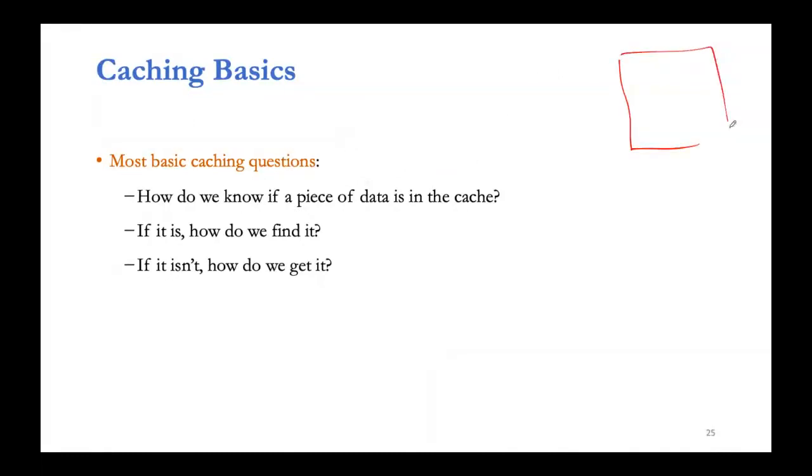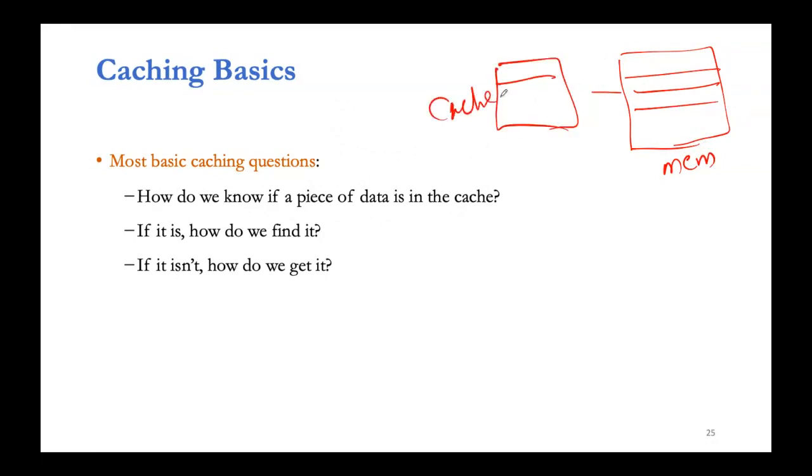As we know, in instruction fetching, the instructions in memory are fetched and stored into the cache. Then how do we know that the piece of data requested by your CPU is there in this cache or not?